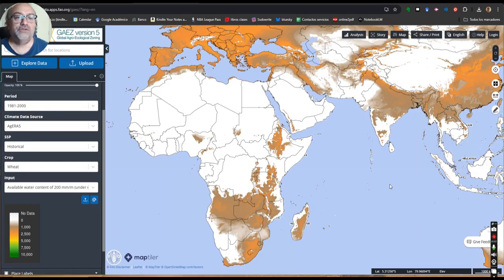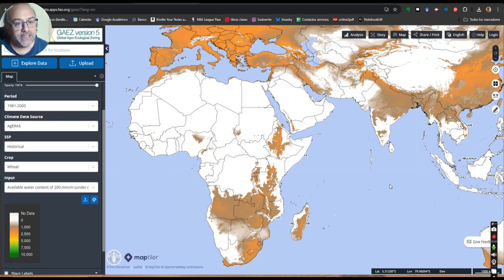And so you can see here where are the true places with agricultural potential, and you can see this for every one of the major crops we have. They have like 25 crops, commercial and food crops.